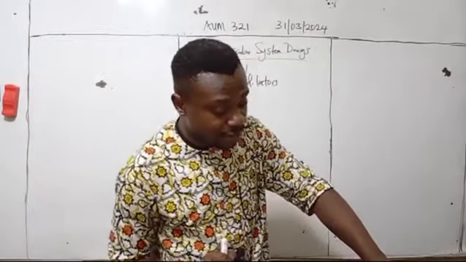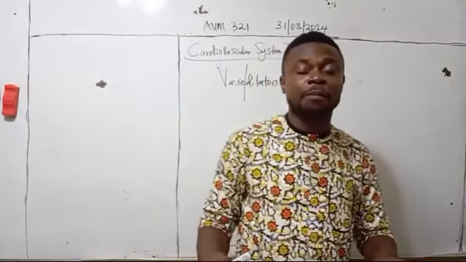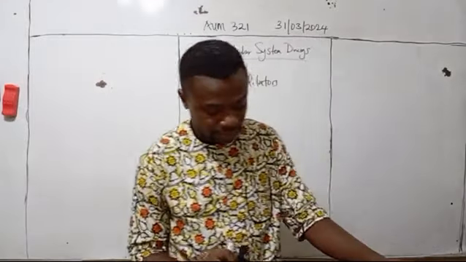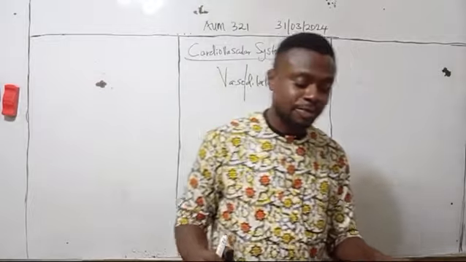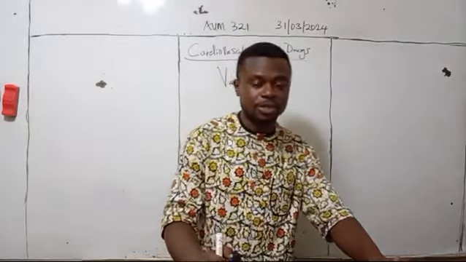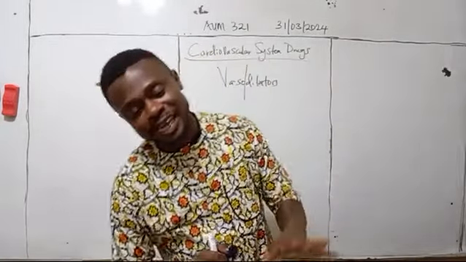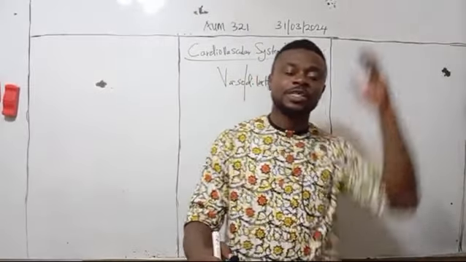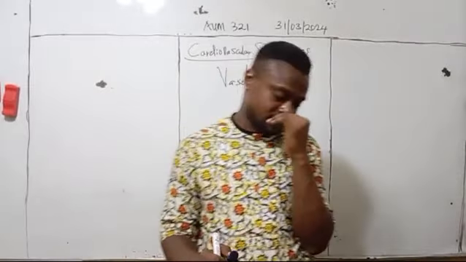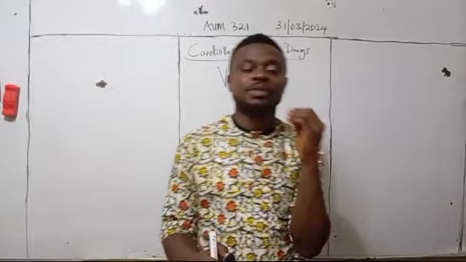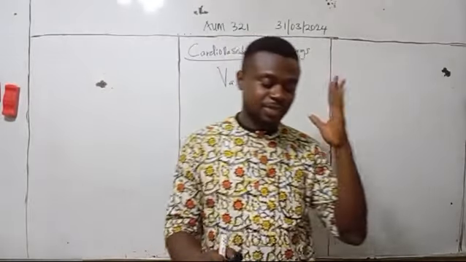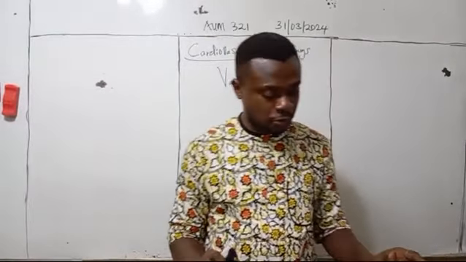We have minoxidil, and we have papaverine hydrochloride. So these are some of the examples of peripheral vasodilators. So let's look at these ones in more detail. Now let's look at their what? The dosage form, the strength, then the average adult dose.